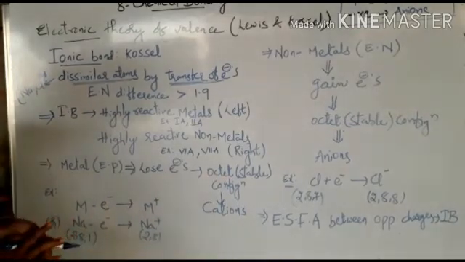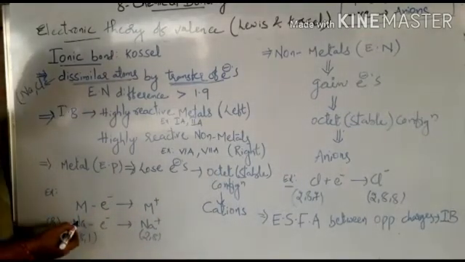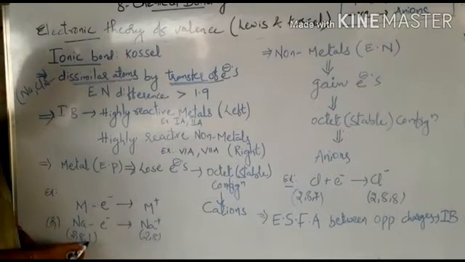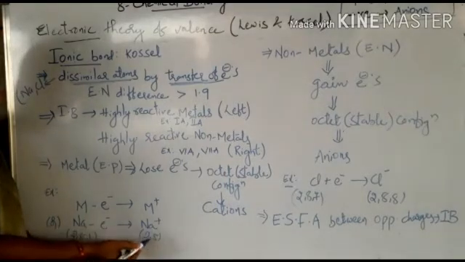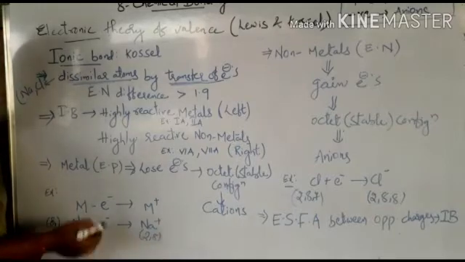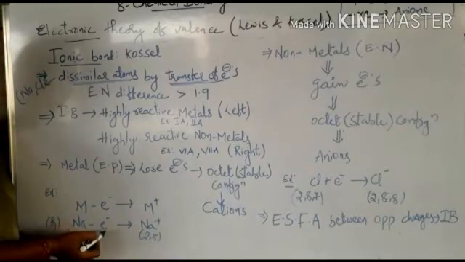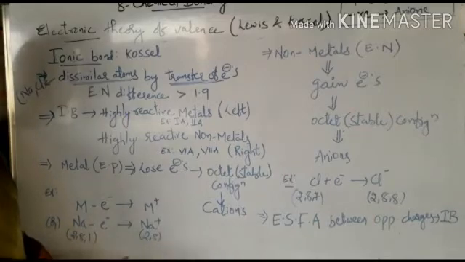See one example here: sodium, with configuration 2,8,1, that means 1 electron in the outermost shell, loses 1 electron to get the Na+ cation with 2,8, that means the outermost shell has an octet configuration. So sodium, or 1A, 2A, 3A group elements, lose electrons to form cations.